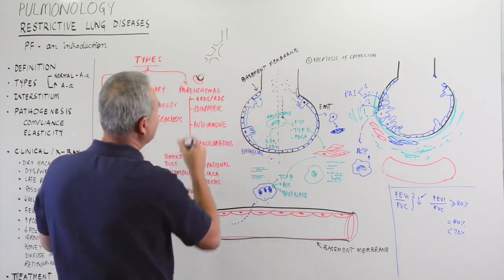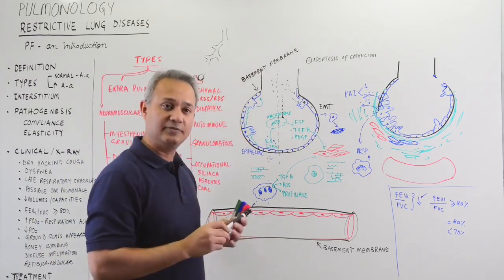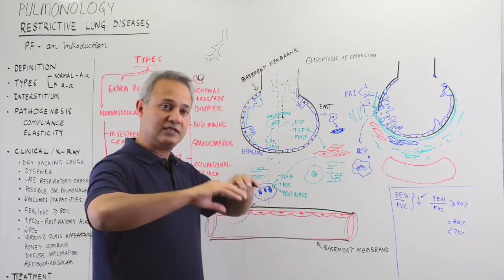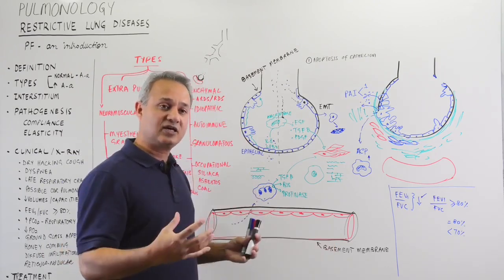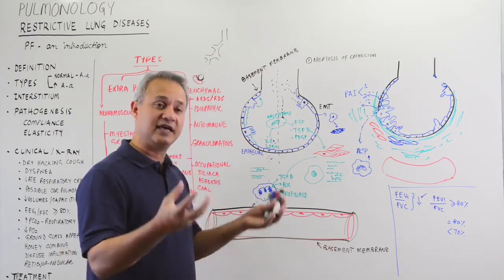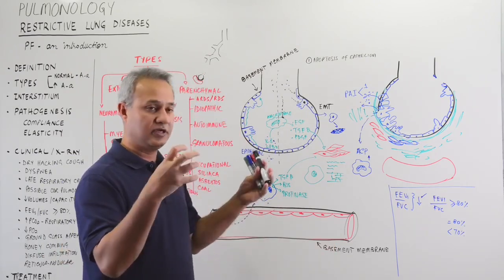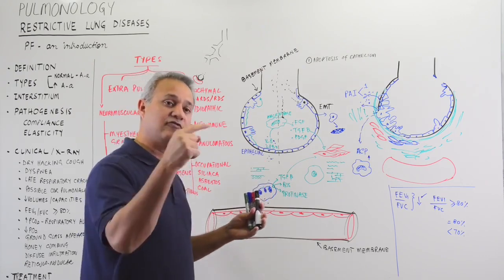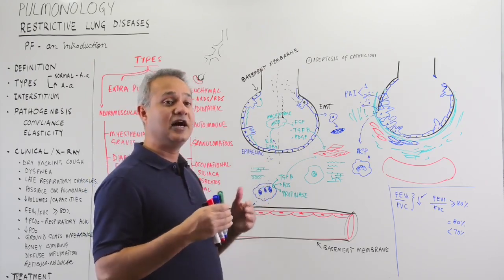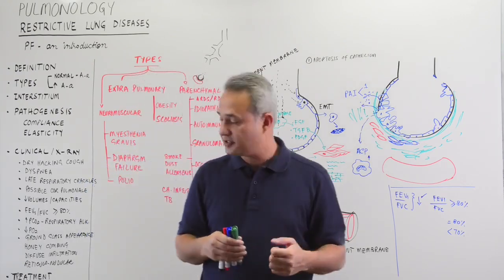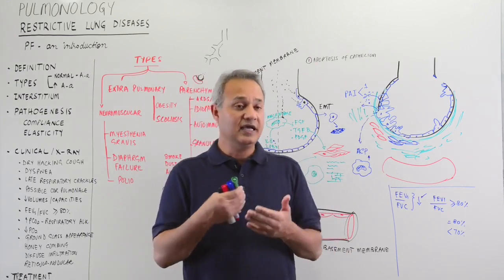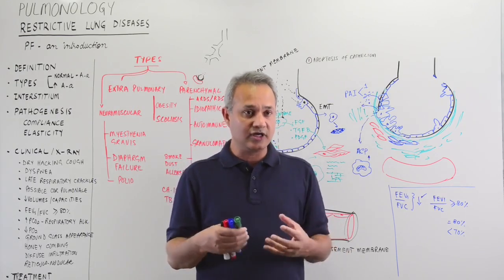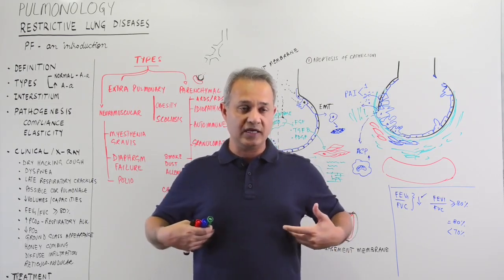So this thin and delicate area is very easy to damage. That is why remote parts and the peripheral parts, they get scarred first, and they get damaged first, and they get atelectatic, or they collapse first, which then form cysts, and you would see the honeycombing on the chest x-ray. Of course, you would see reticulonodular appearance in the lower parts as well.